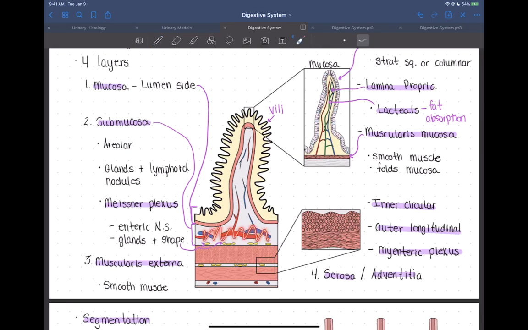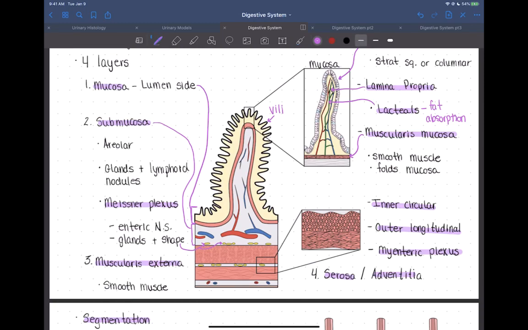All right, so the submucosa would be here and extending up, depending on the tissue, right? They may have some folds for the submucosa, they may not. But they're going to control the glands as well as the shape, right? If they have folds, it'll cause that shape because of the contraction of this muscle here. Okay, so that's the submucosa.